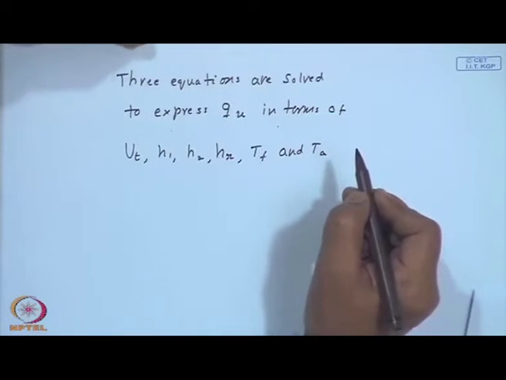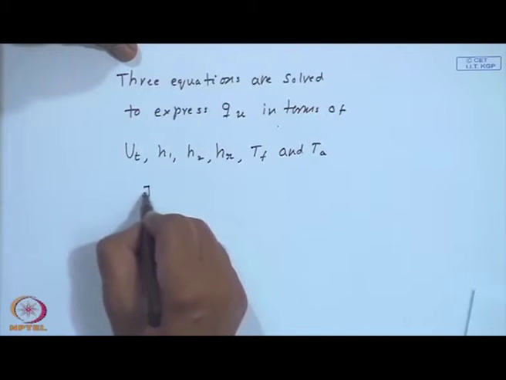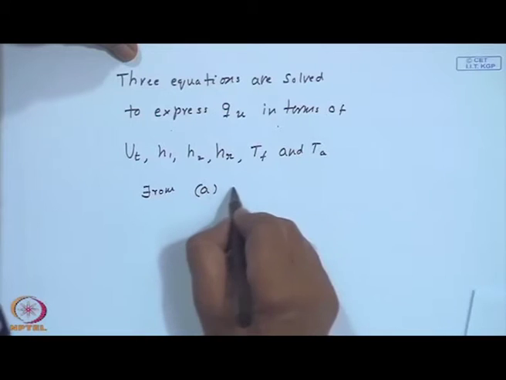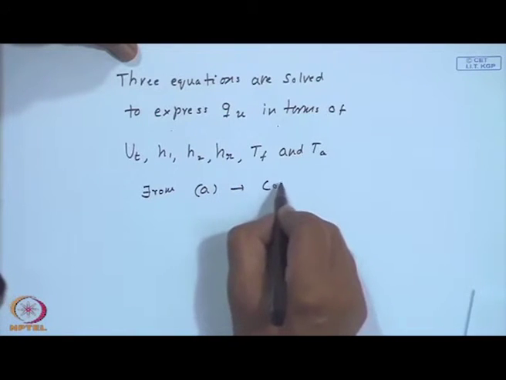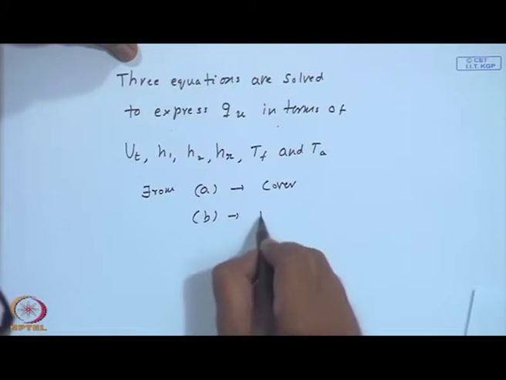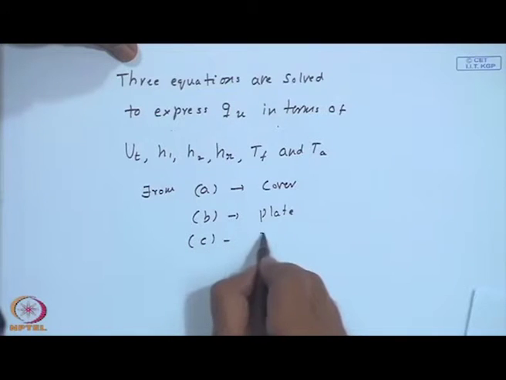So, from A, that is the cover, and B the plate, and C the fluid. Just for our easy reference.